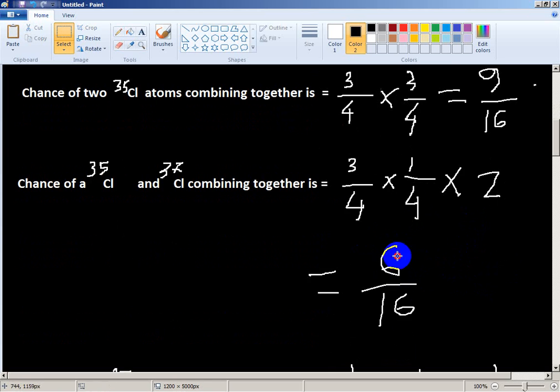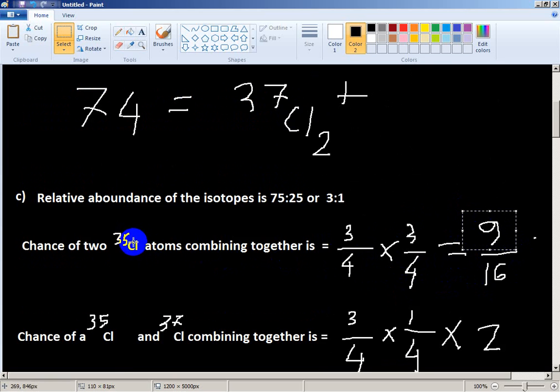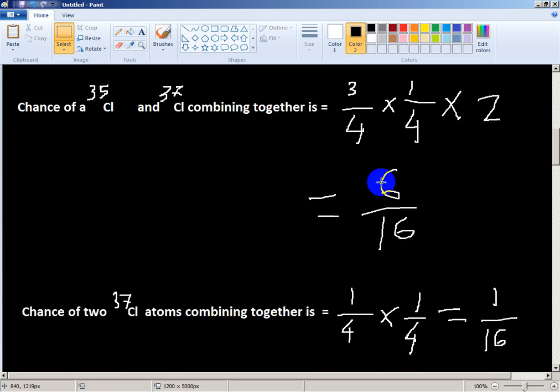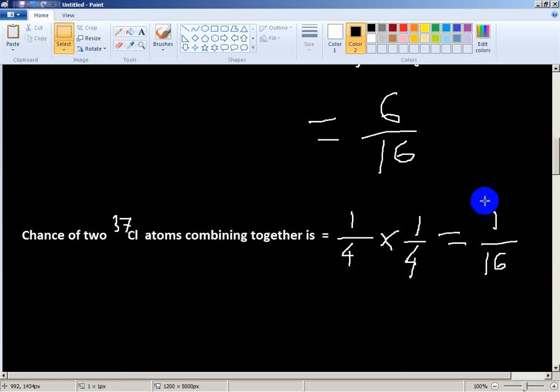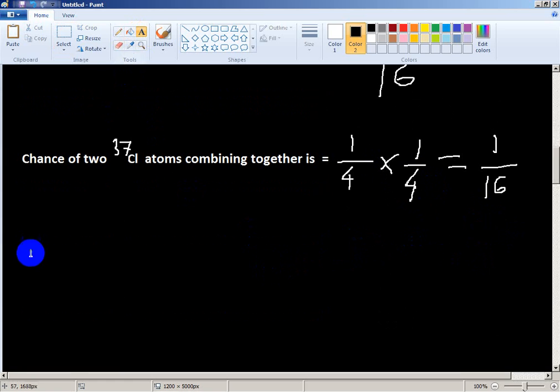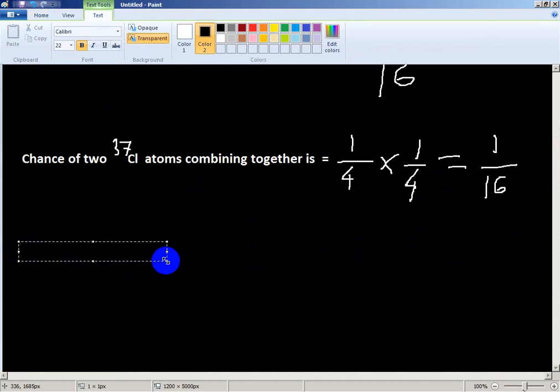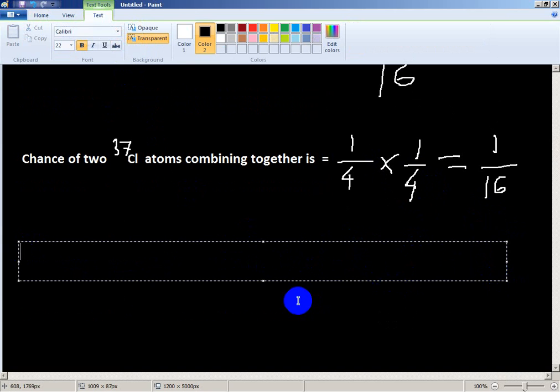Here is 9 for 35 and 35, which is 70. Then 6 for 72, and 1 for 74. So that gives the ratio of 9 to 6 to 1. Good.